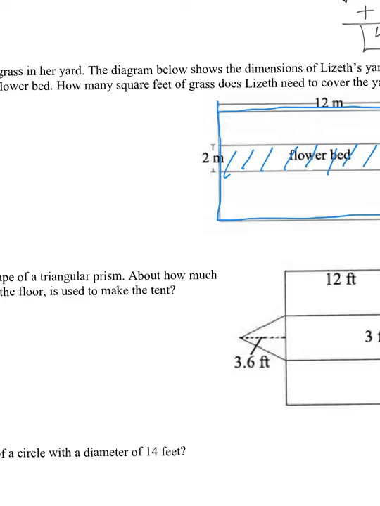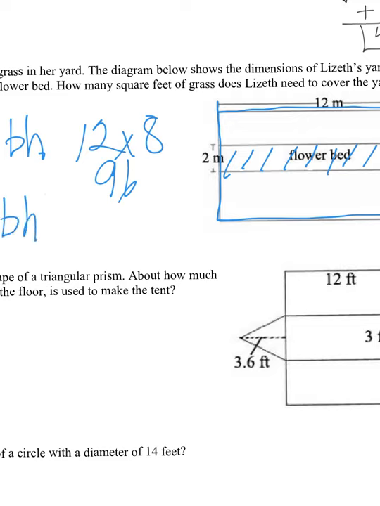So the area of her entire yard with the flower bed, base times height, is 12 times 8, which is 96. The area of the flower bed, base times height, is 2 times 12, which is 24.